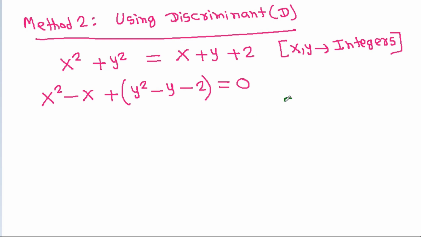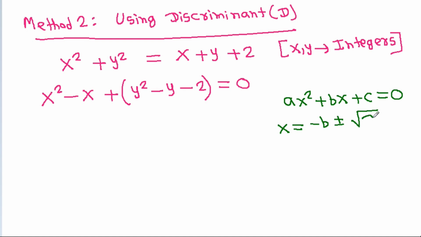And for ax square plus bx plus c is equal to 0, x is equal to minus b plus minus square root of D by 2a.